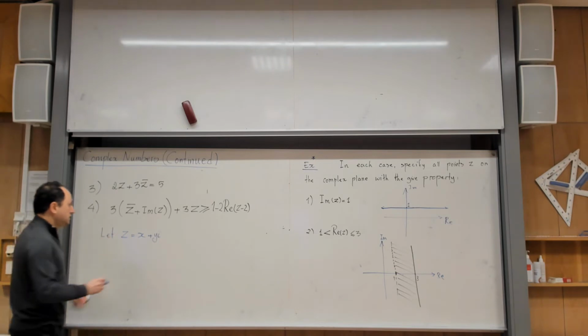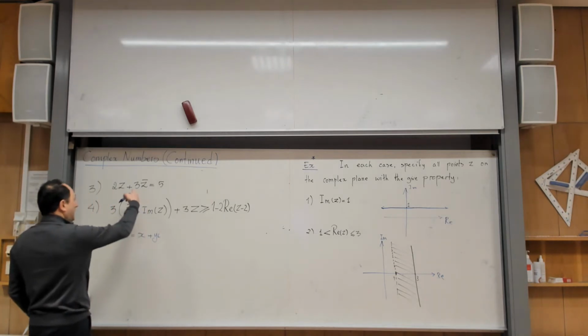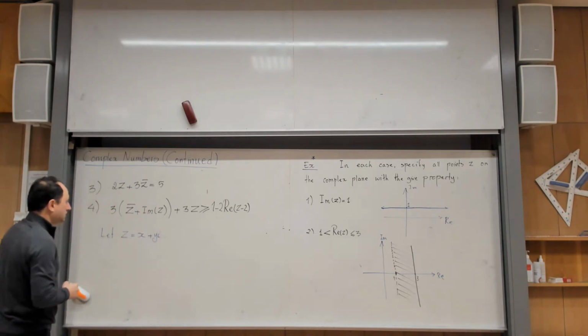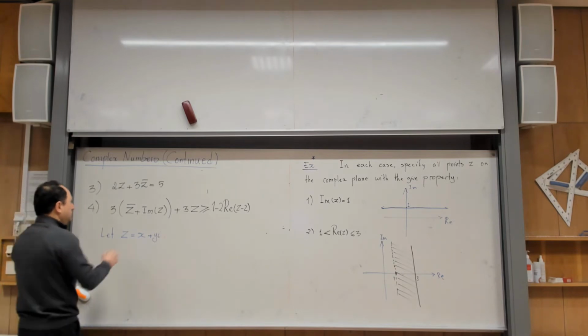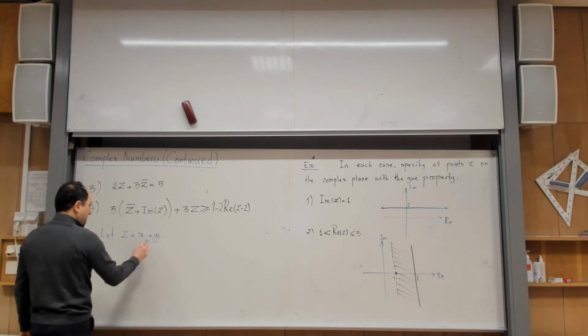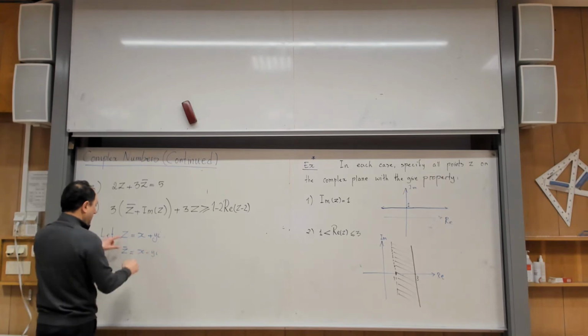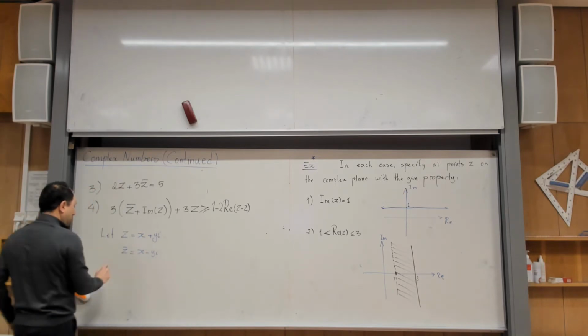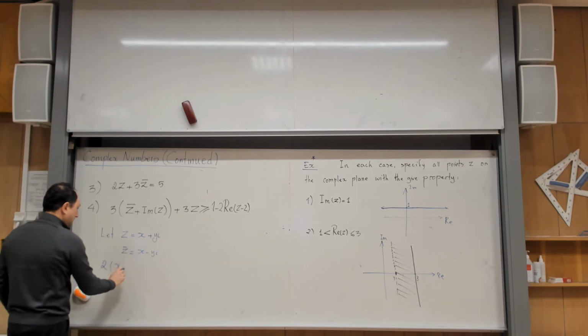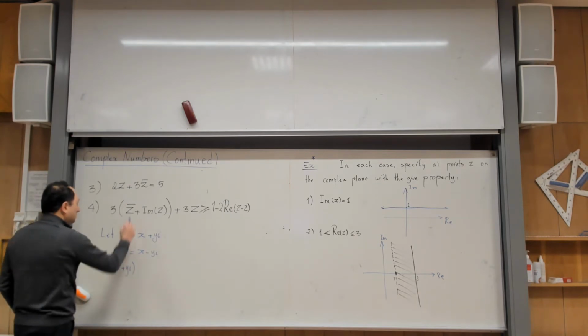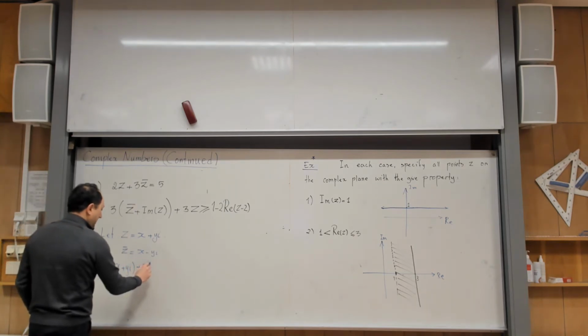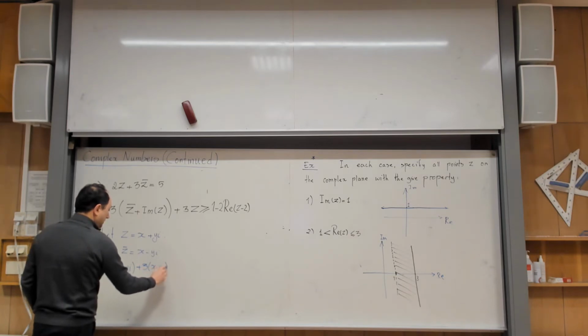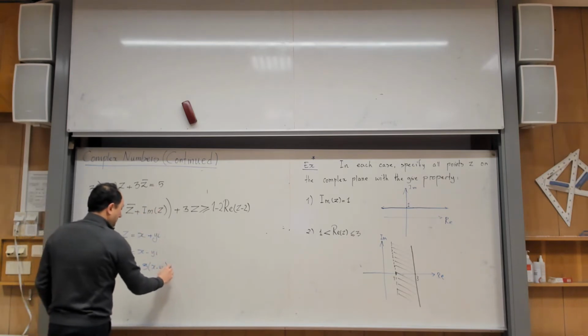And then, if this is the case, you have to put it back into this equation. Yes? So if you put it in this equation, then what happens for z bar? Z bar becomes x minus yi. And then you have these two, you put it in this equation. This becomes x plus yi plus 3 times x minus yi is equal to 5.